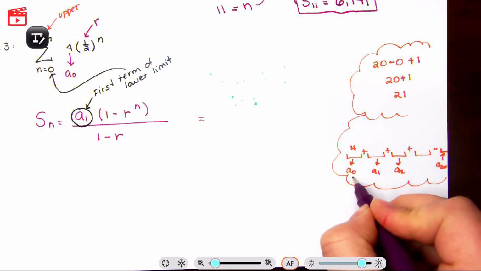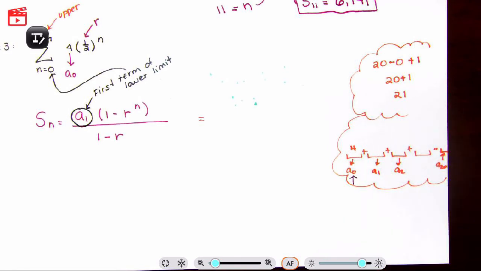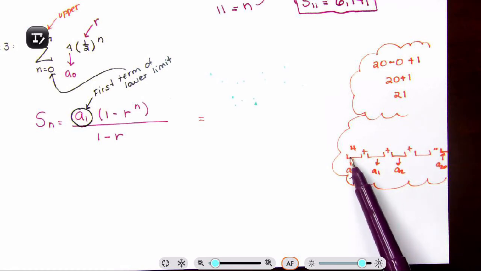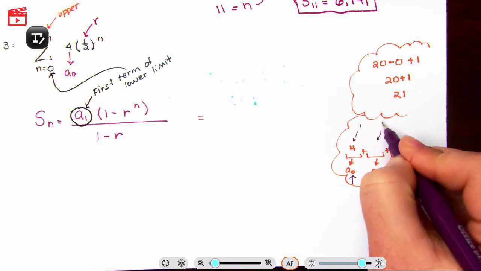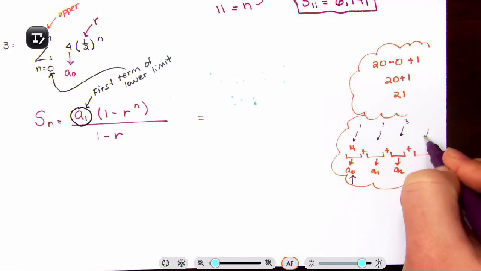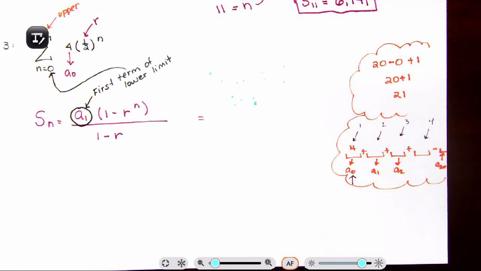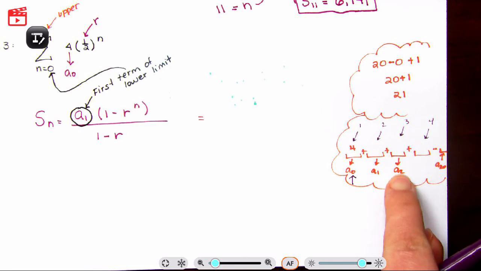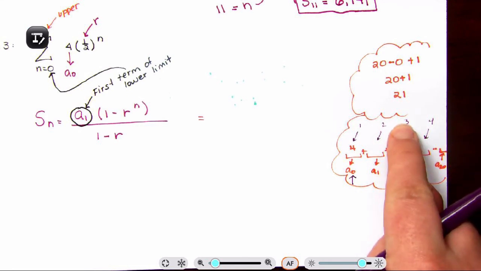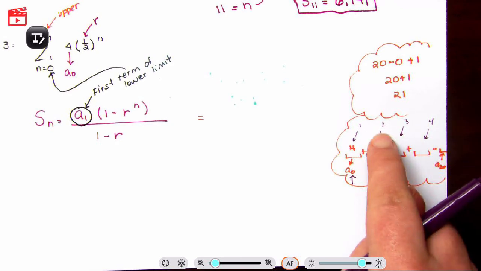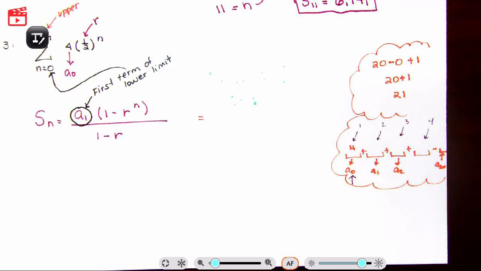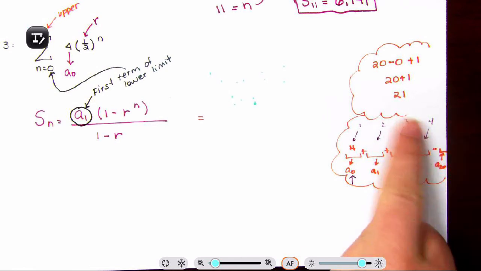Because we're starting at a sub 0, I have an extra number to count. Notice that a sub 2 is actually the third number I'm adding, and a sub 1 is actually the second number I'm adding. So please be careful with term numbers.